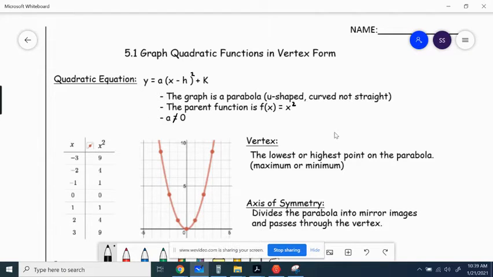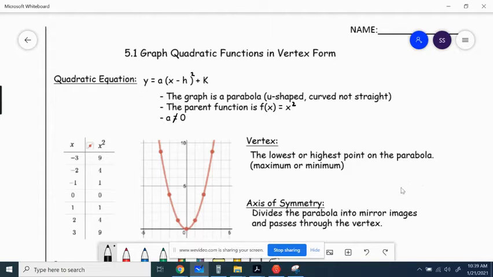The vertex is the lowest or highest point on the parabola. You'll also hear it referred to as the maximum or minimum. If we have a parabola that opens upwards like we have here, then the vertex is the minimum. If it opens downwards, then the vertex is the maximum.